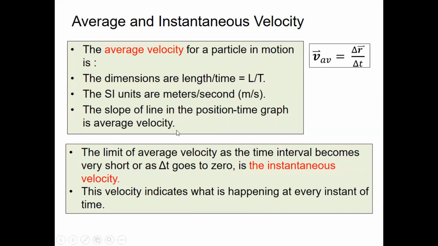If we have a position time graph, the average velocity is just the slope of the line. However, the limiting average velocity as the time interval is reduced to very short values, or delta t goes to zero, then it becomes instantaneous velocity. The instantaneous velocity indicates what is happening at every instant of time, and we are measuring it with the idea that the time interval is reduced to a very small value.